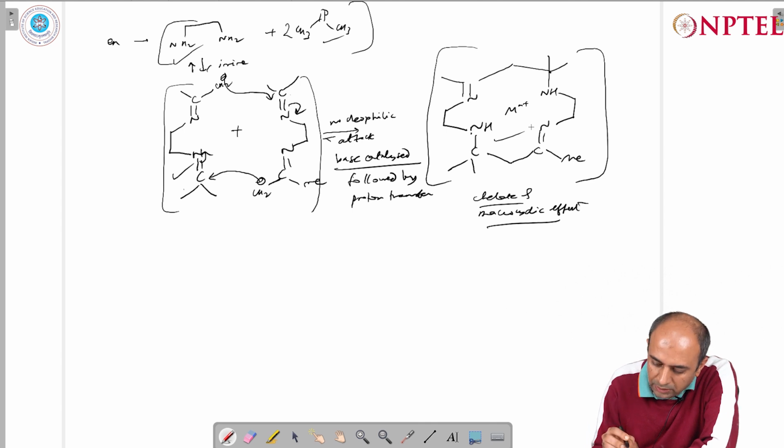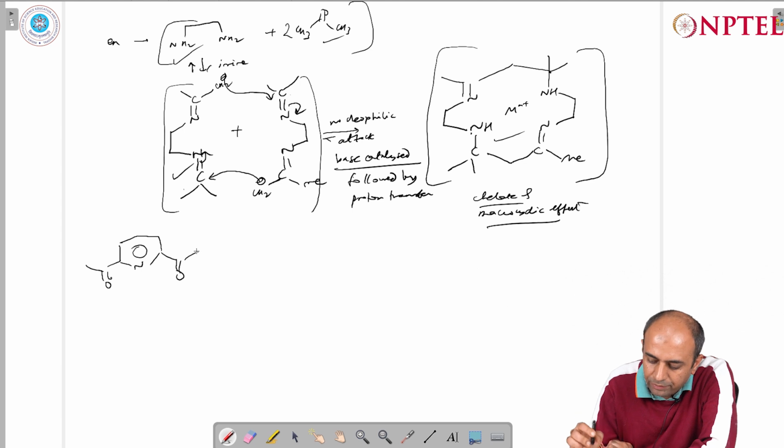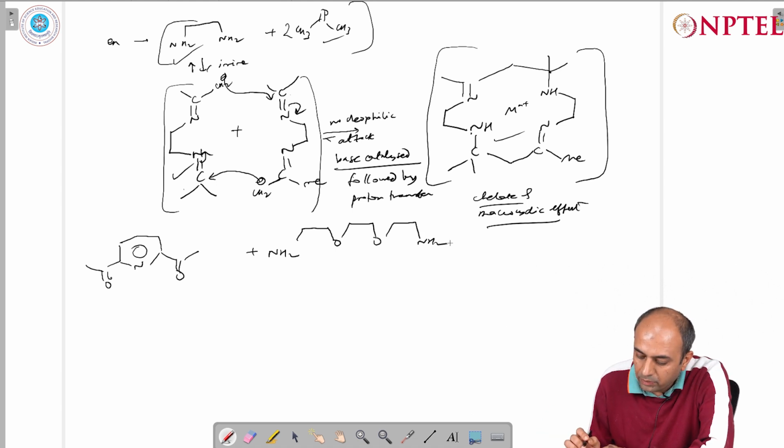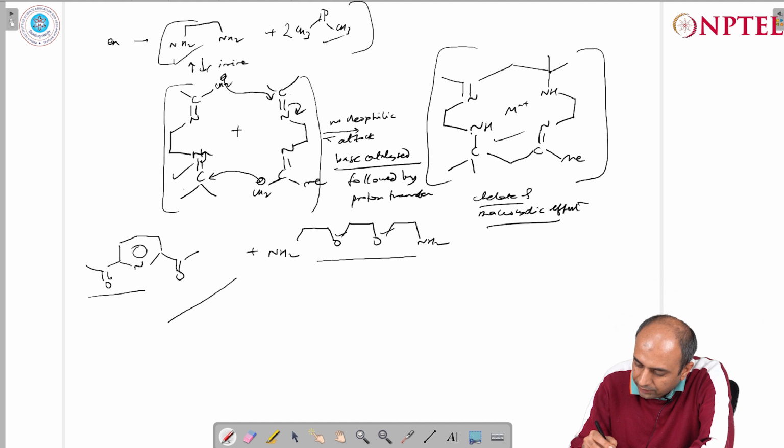For example, we can consider a reaction where this particular ligand is treated with this diamine, which is bridged by two etheric oxygens, and now we are going to take two different types of metal cations.